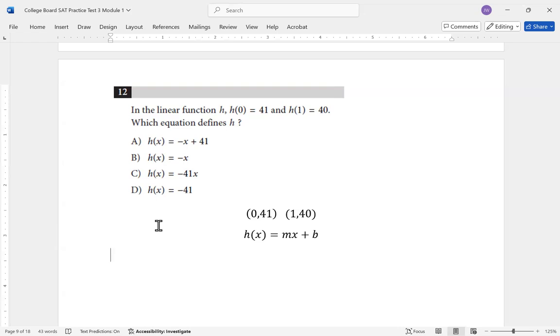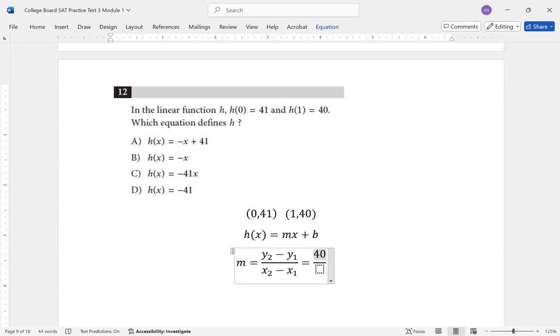So we have to find slope and we have to find the value of b. Well, in this case, we can find slope by using the slope formula, the y value of point 2 minus the y value of point 1 divided by the x value of point 2 minus the x value of point 1. So the change in y over the change in x.